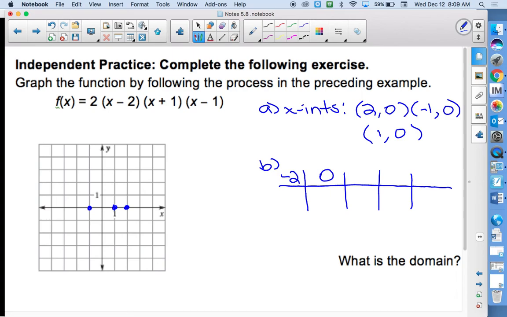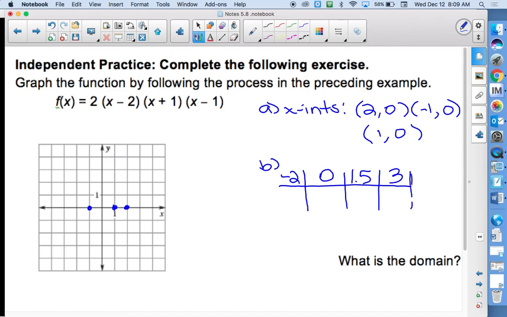And then we also need a number in between 1 and 2. What would be a number in between 1 and 2 that you could use? Abby? Yeah, 1.5. Yeah, unfortunately it's a decimal, but you're going to have to get a point in between there so we know what's going on in between there. And then a number beyond 2, well, 3's beyond 2.